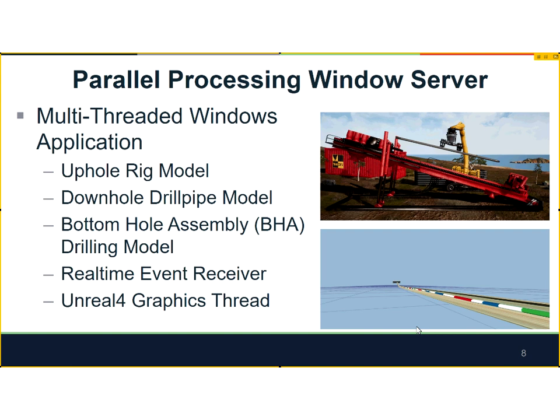And then finally, there is a graphics thread where we have leveraged another open source tool that's been developed. It's basically for the video game industry. It's a tool called Unreal 4. There's a couple of different platforms you can use to develop video games, and this is one of the primary ones.